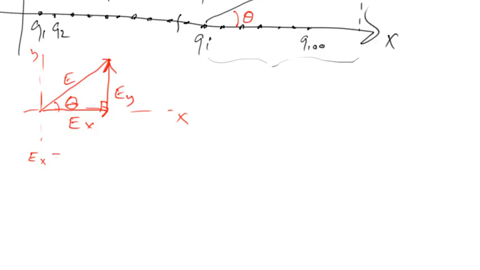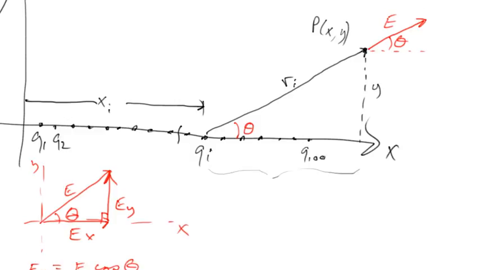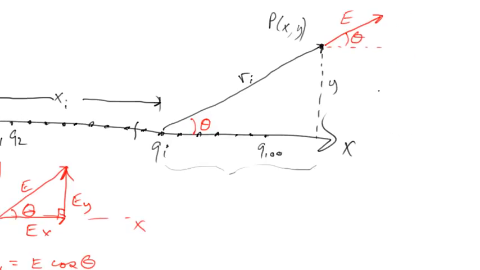E sub x is equal to E times the cosine of theta, and E sub y is equal to E times the sine of theta. So I need that angle, and I can see I've actually got enough information.